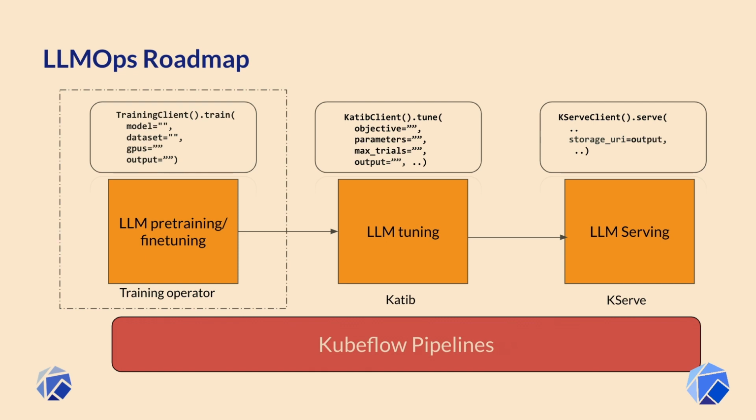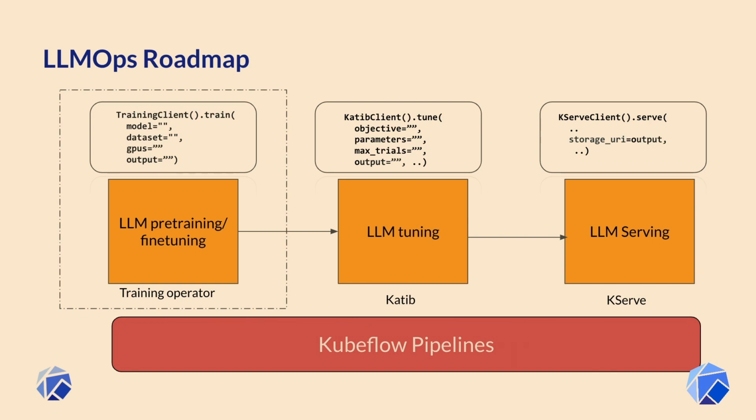So once it is done using the training operator in a very highly distributed manner, taking advantage of all parallelisms which are possible, you could use that in Katib for the hyperparameter optimization. Set objectives and parameters that we want to tune, and we get a tuned model out of that. And if you see the top layer, it is all data science friendly APIs, right?